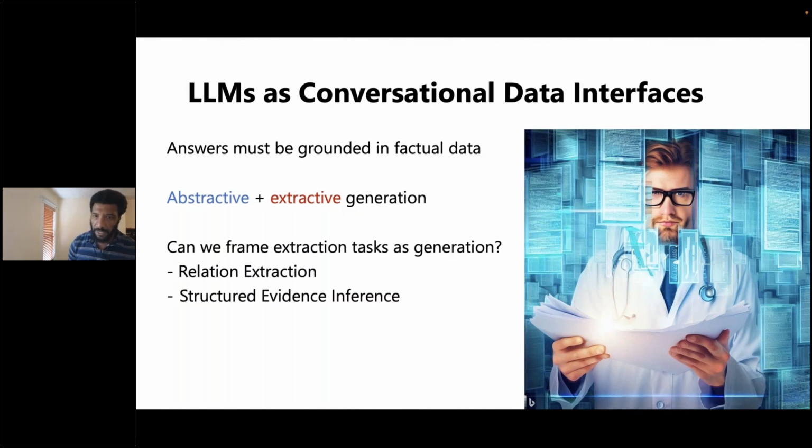And so this raises the question of whether we can frame extraction tasks as generation. In this talk, I'm going to talk about some recent work that we've been doing in using large language models for relation extraction and for structured evidence inference.